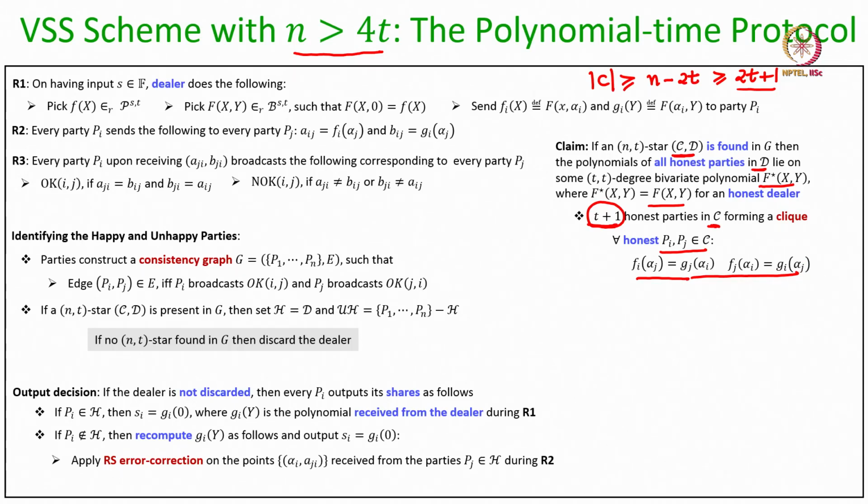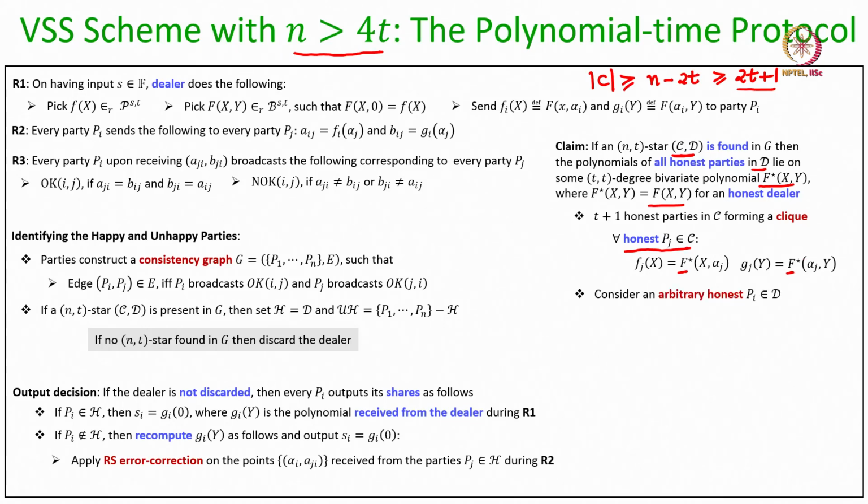And now, we can apply the pairwise consistency lemma, because now we have at least t plus 1 pairs of row and column polynomials guaranteed in the system which are pairwise consistent, and as a result we can conclude that the row and column polynomials of all the honest parties in the C component of the star together lie on this t degree bivariate polynomial f star. But that is not the claim.